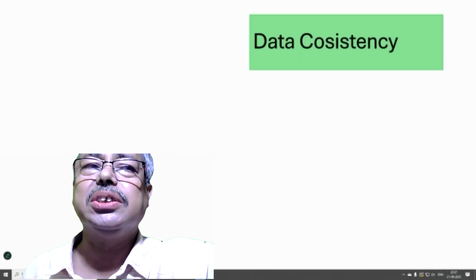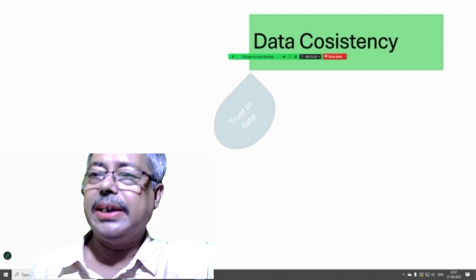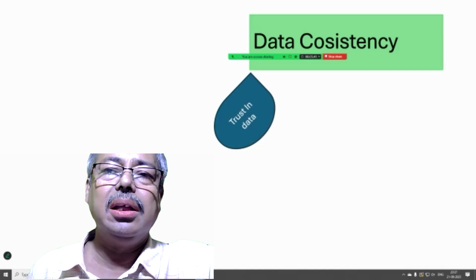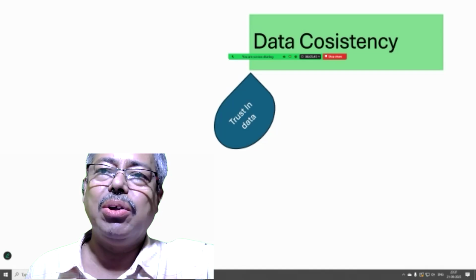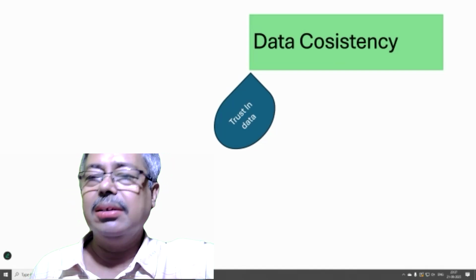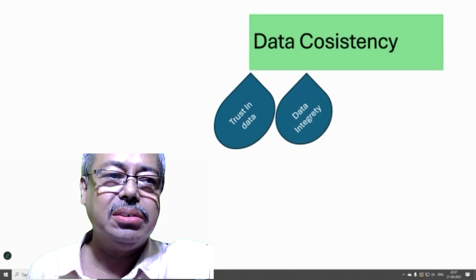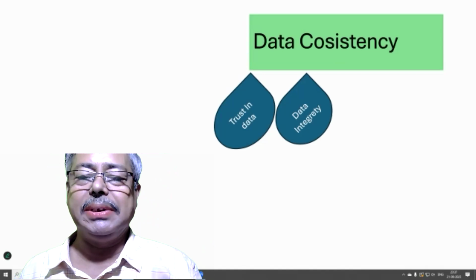Now data consistency. What is consistency? It is trust in the data. I have trust in the data. Another is data integrity, meaning the total data system has integration.